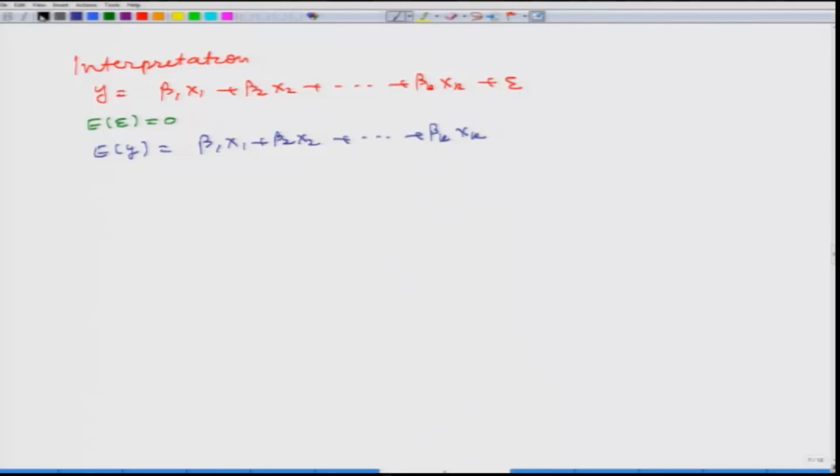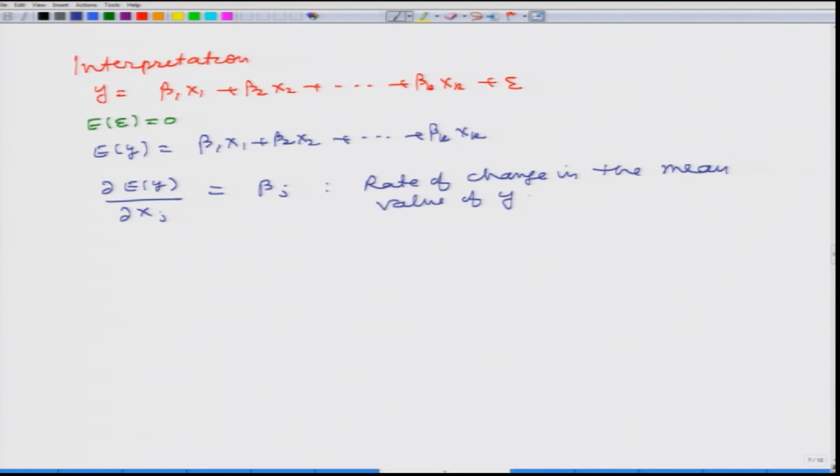So now based on this, if I try to find the partial derivative of the expected value of y with respect to a certain variable, say xj, this comes out to be beta j. So you can see here that this beta j is nothing but the rate of change in the mean value of y with respect to the jth explanatory variable.